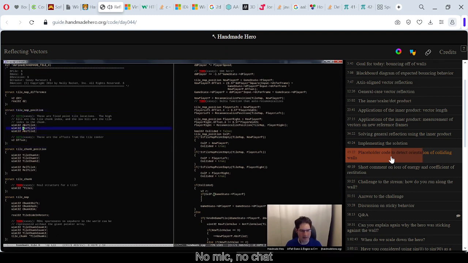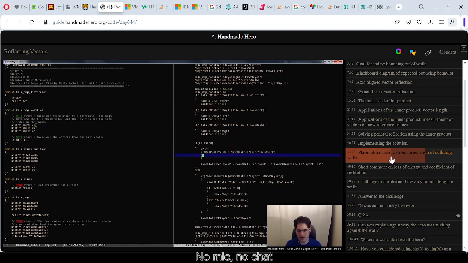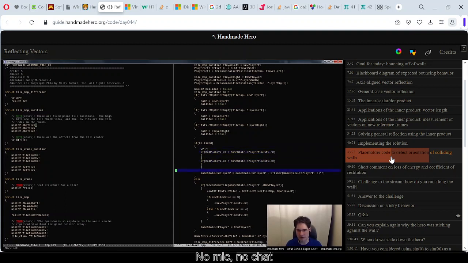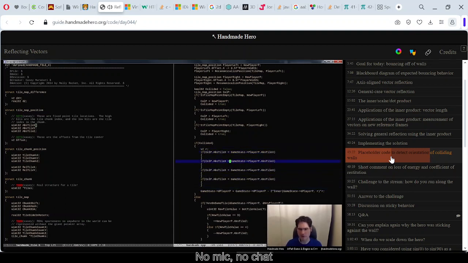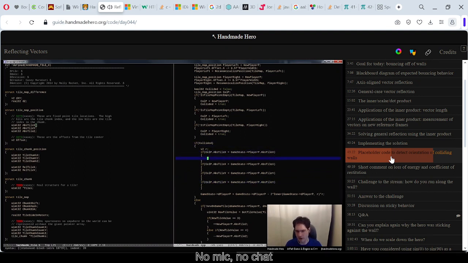We have abs tile X, Y, and Z. So we just need to look and go, all right, if the abs tile X is less than the abs tile X here, then we know that this wall was a wall going in sort of descending. The player was moving to the left, right? The player hit a wall to the left, and we could do the same stuff in all the directions. If it's greater than, and so on. And since we can't really make anything collide diagonally at the moment, I guess we don't really need to worry about that case. But anyway, here we go.